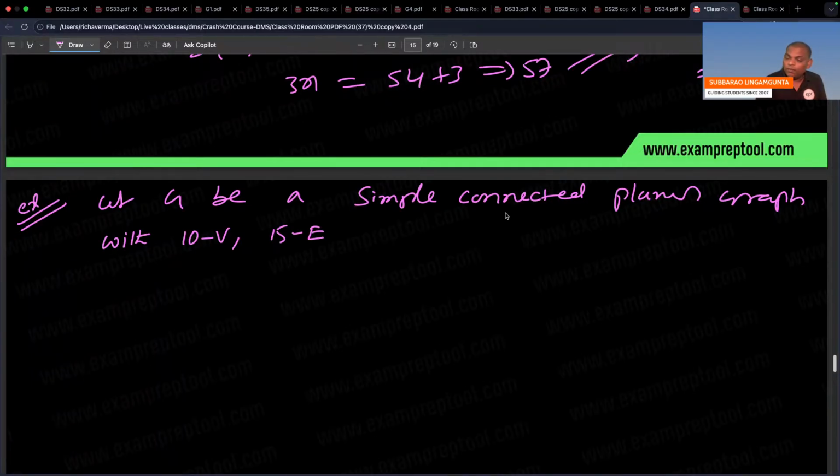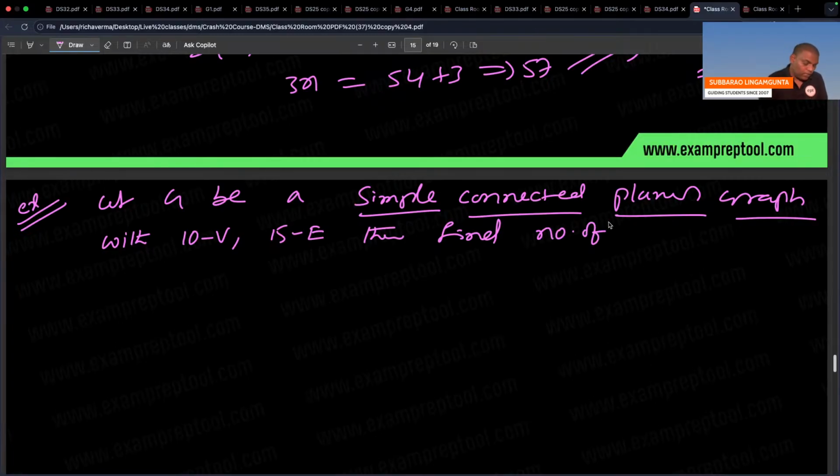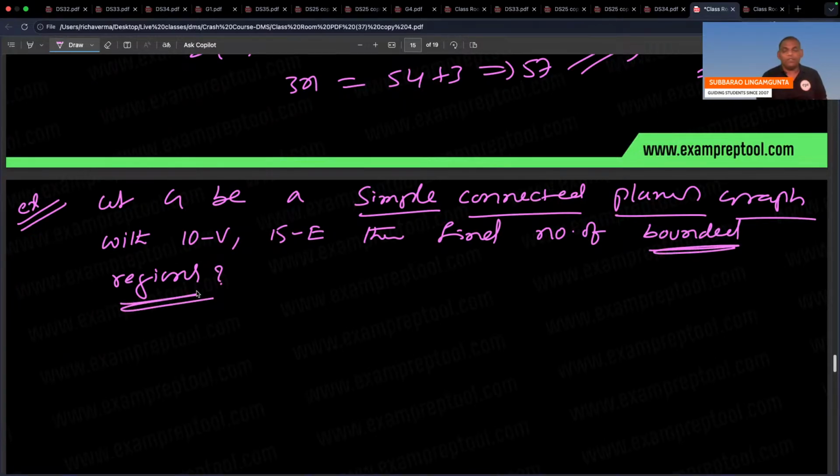Remember, it is a planar graph, connected planar graph, and simple also. Then find the number of bounded regions. Only for the bounded regions purpose, I have given this problem.